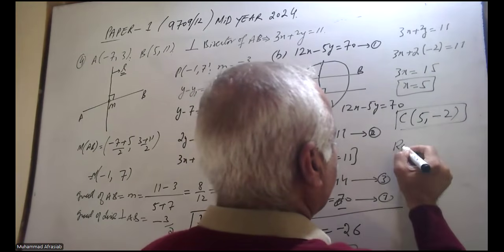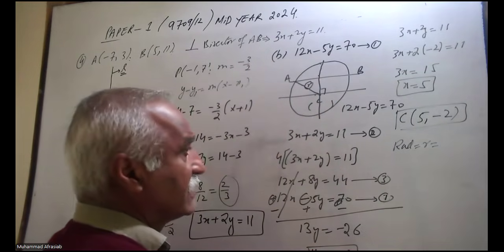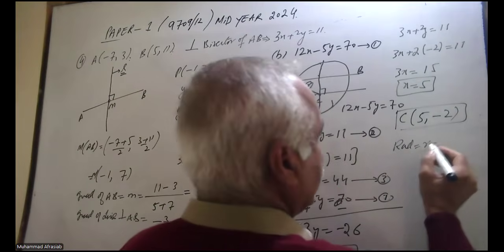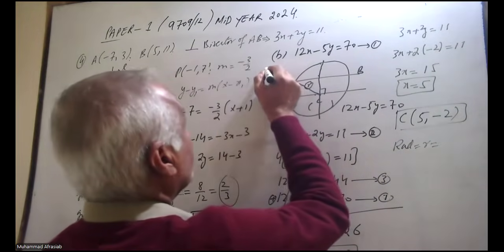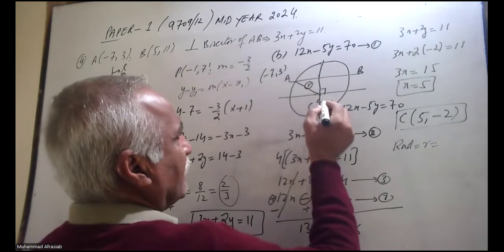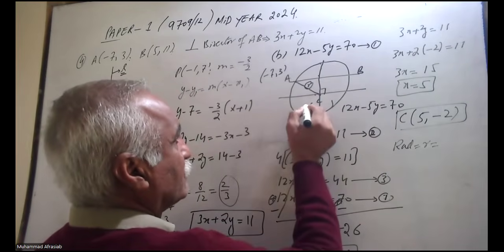Then the radius, which is r, can be calculated using A and C. A coordinates are (-7, 3), and C coordinates we have just calculated as (5, -2).